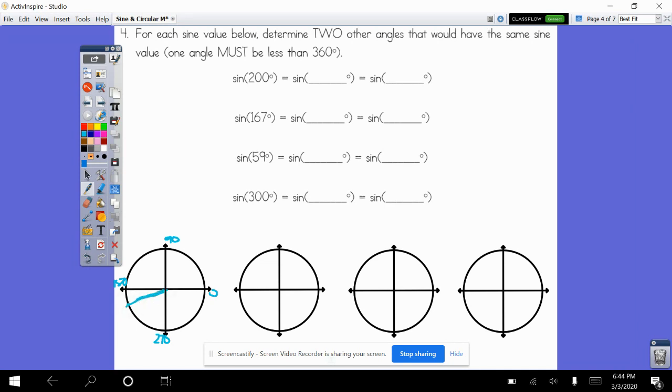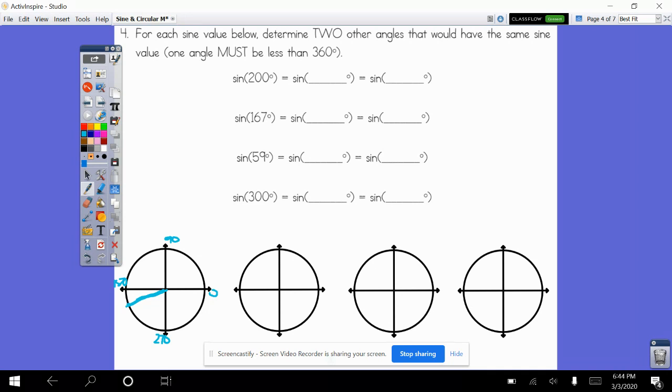Let's say here. So 200 is there. So since one of the angles has to be less than 360, that's saying you need to have at least one other angle within that first rotation that has the same sine value.